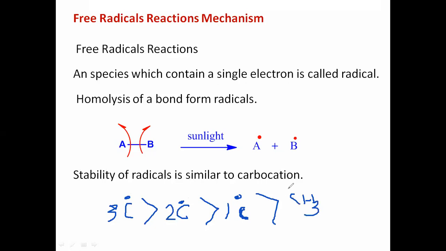Okay, similar to carbocation. The same pattern of stability we have seen for carbocation is observed in the free radical. Fine.